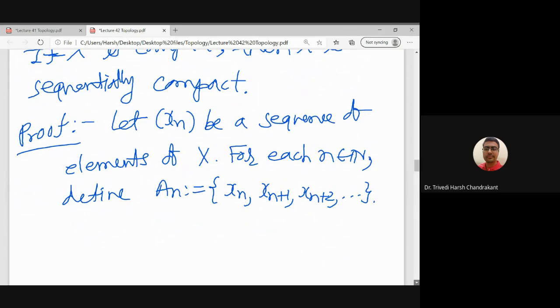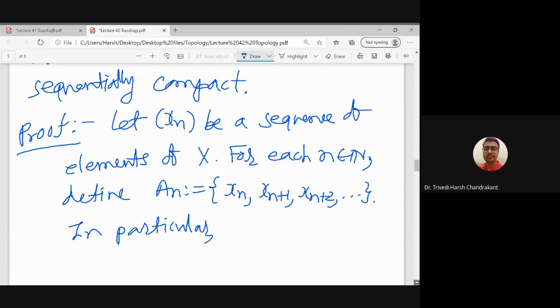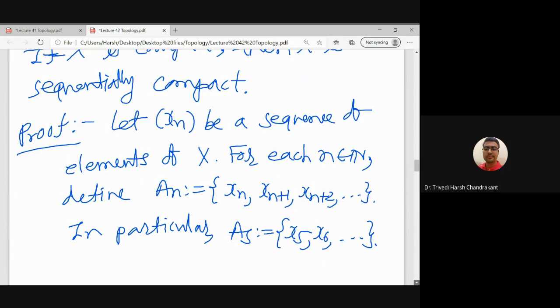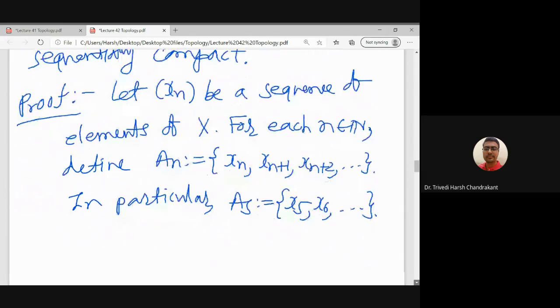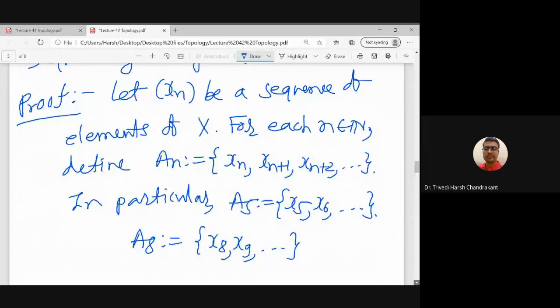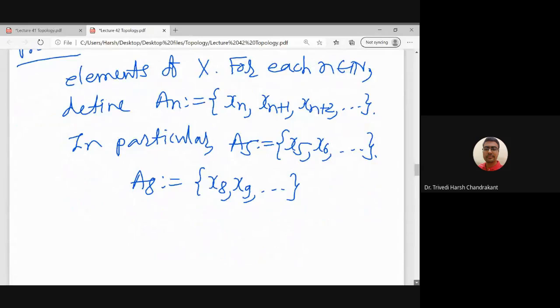In particular, A5 will be x5, x6, and so on, and A8 will be x8, x9, and so on. What is the relation between A5 and A8? A5 contains x5, x6, x7, but A8 does not contain those elements.